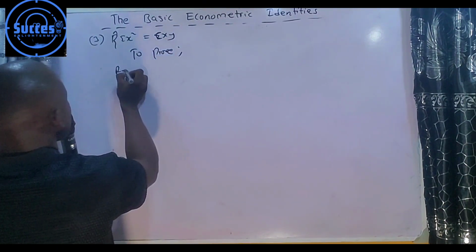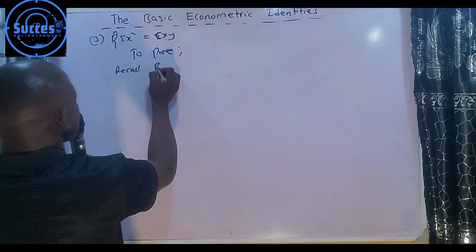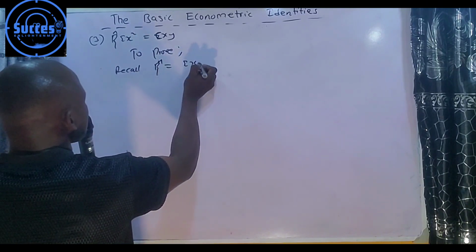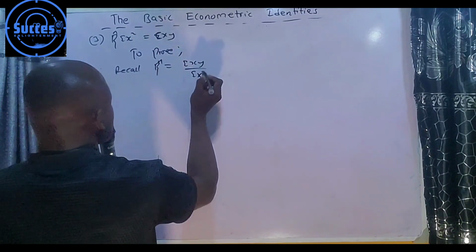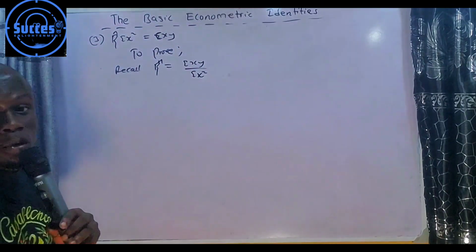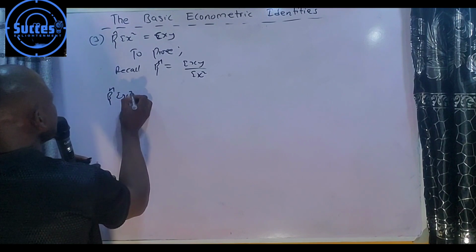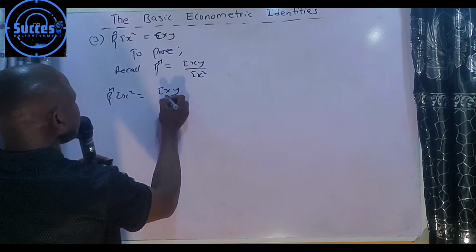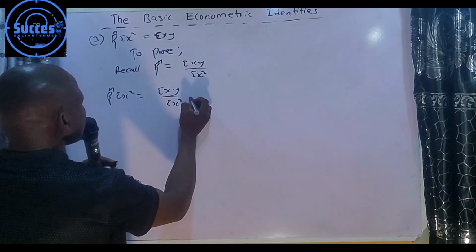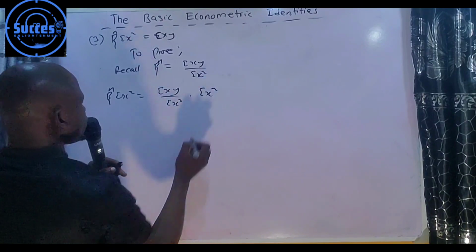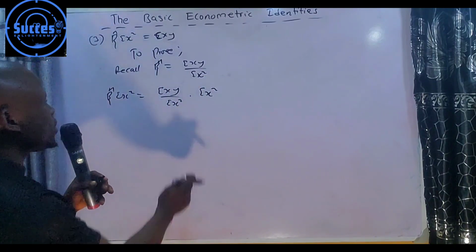So we recall that beta cap equals summation xy all over summation x squared. So we simply substitute this for beta cap. So therefore, our beta cap summation x squared is the same thing as summation xy all over summation x squared times summation x squared. Alright? So this definitely we cancel.